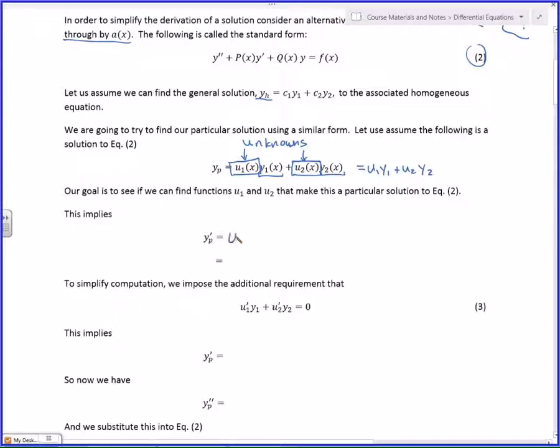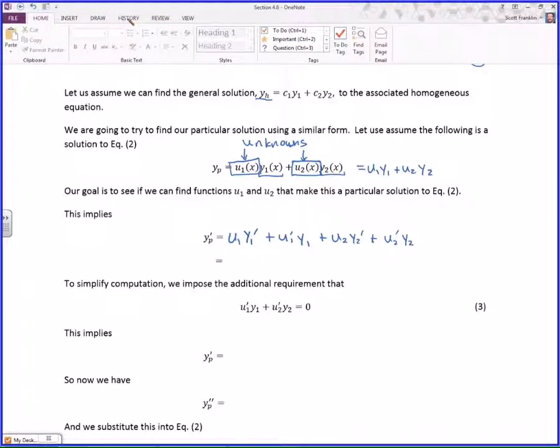So I get u1 y1 prime plus u1 prime y1. That's first times the derivative of the second plus the second times the derivative of the first. And then do that for the second term as well. It's going to give me u2 y2 prime plus u2 prime y2.